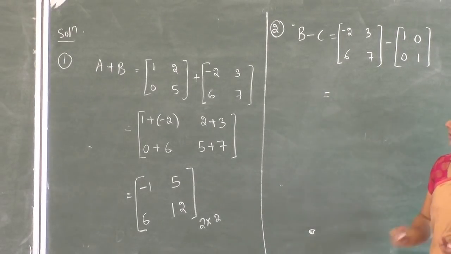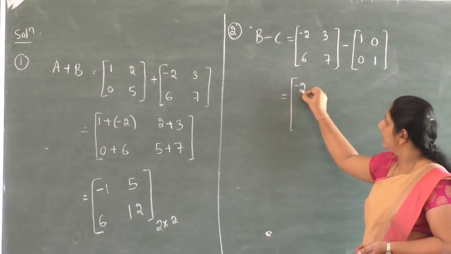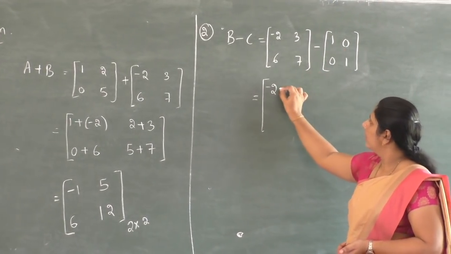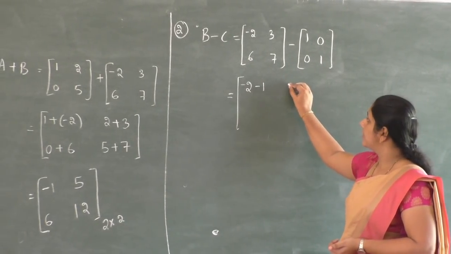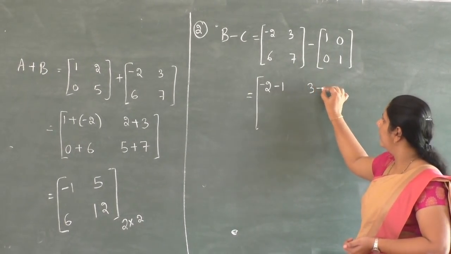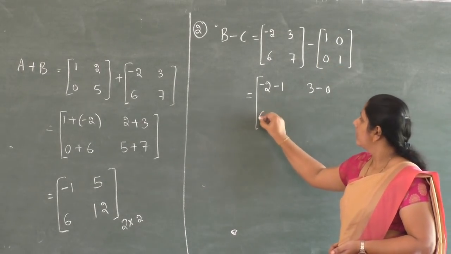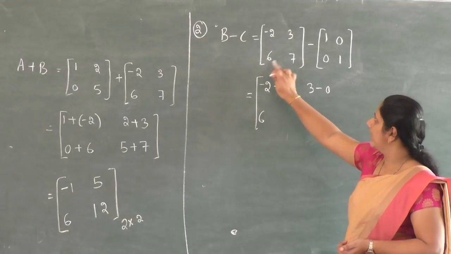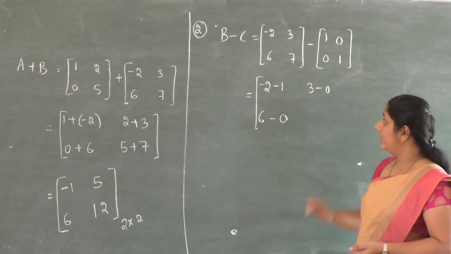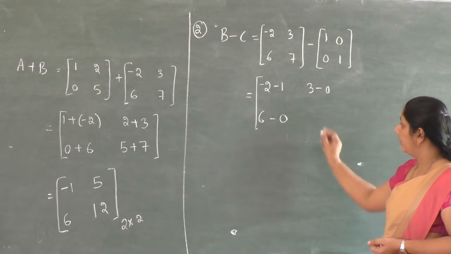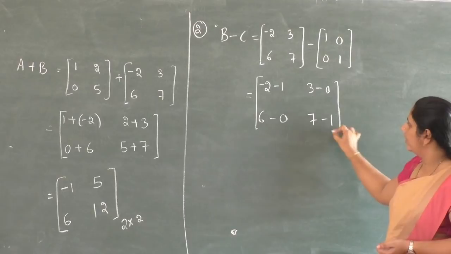Now in the same way as addition, minus 2 minus 1 is the first row, first column element. First row, second column, 3 minus 0. Second row, first column, 6 minus 0. And second row, second column element, 7 minus 1.